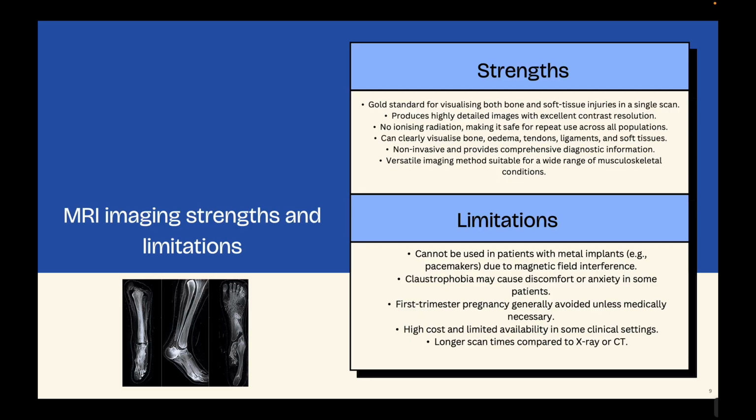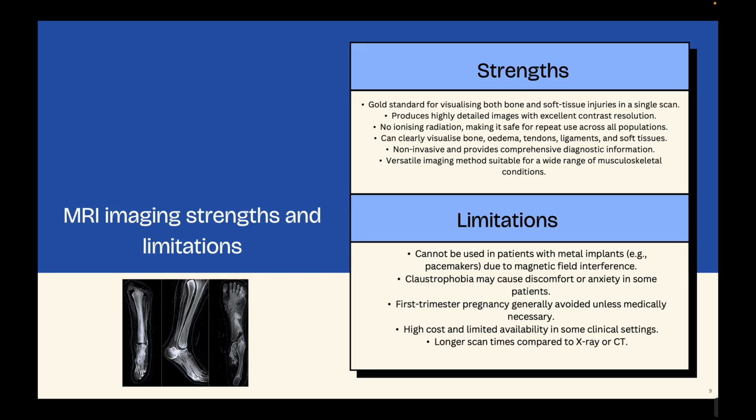MRI can visualize bone, edema, tendons, and soft tissues, making it one of the most versatile and widely used imaging techniques. However, it also has certain limitations. Patients with metal implants such as pacemakers cannot undergo an MRI scan due to the magnetic field.